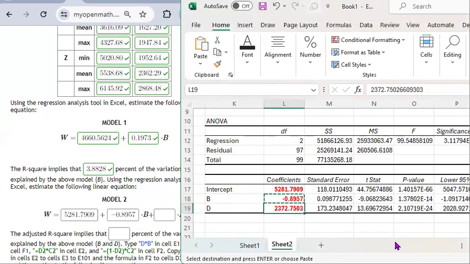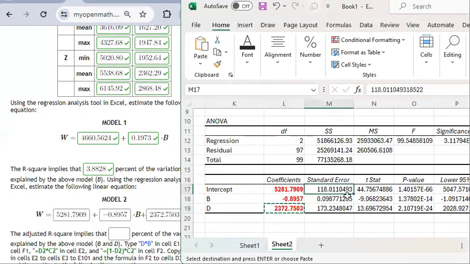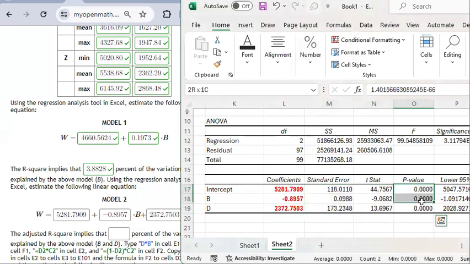And then my dummy variable coefficient is 2372. Now look at my p-values over here. Let me reduce them to 4 decimal places. My p-values are all close to 0, and my F statistic is massive.